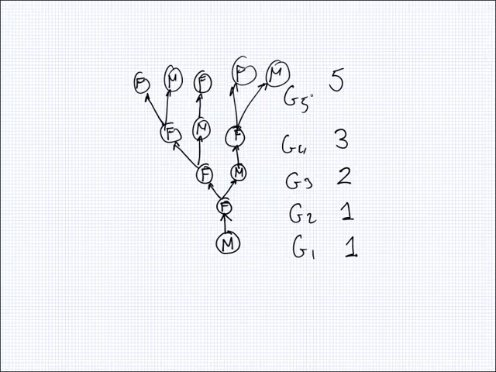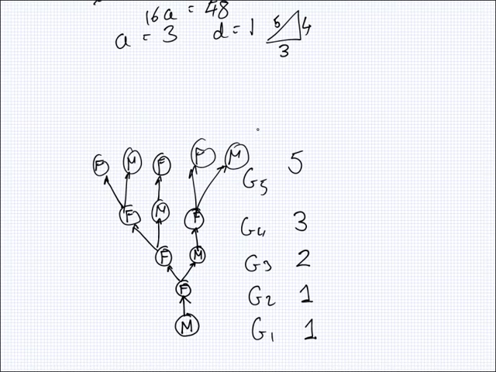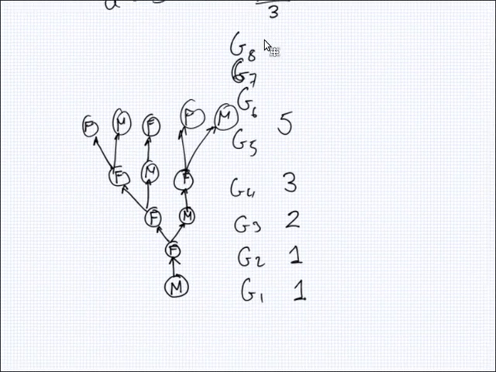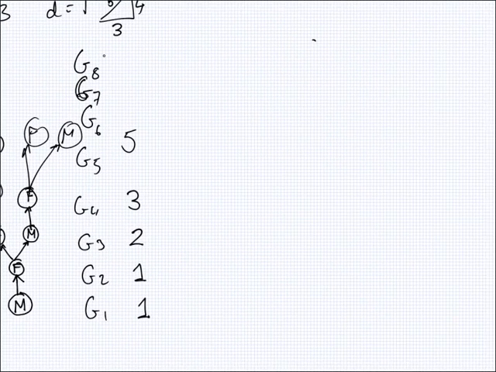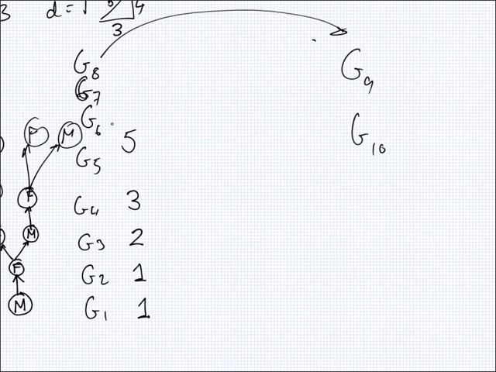Can we figure out? We want to go all the way up to G6, G7, G8. Oh, I've run out of space. Let's go over here now. G9 and G10. Okay, who can figure out what G6 must be? You spot the pattern. And then what's G7? 13. And G8? 21.